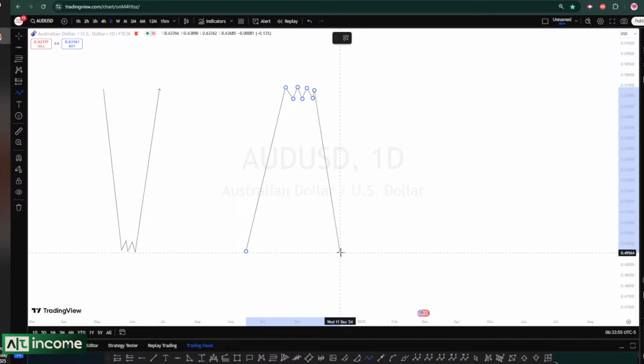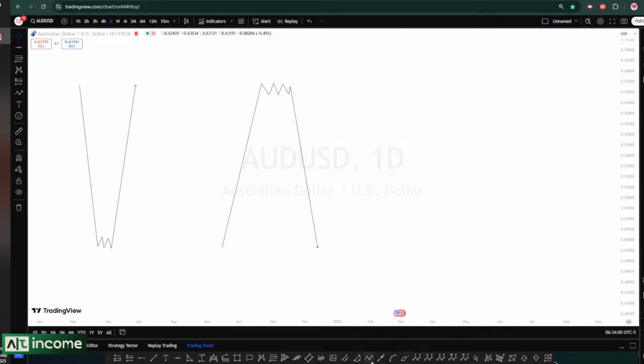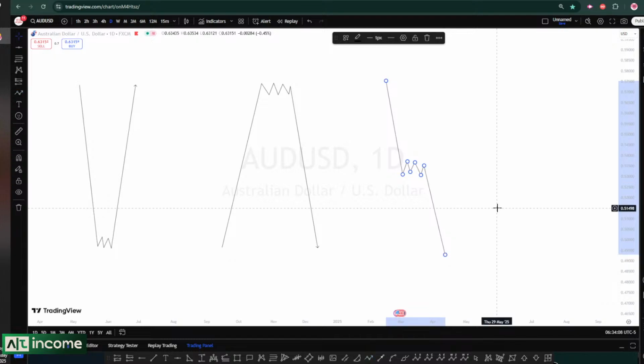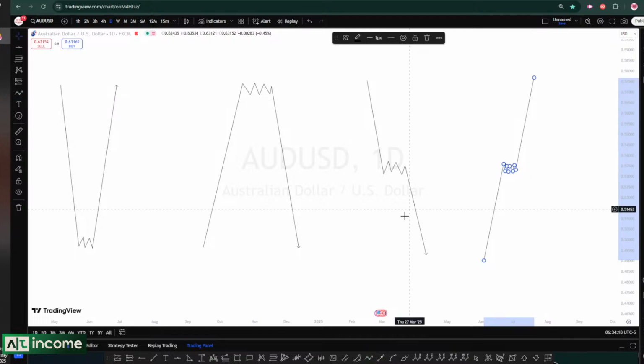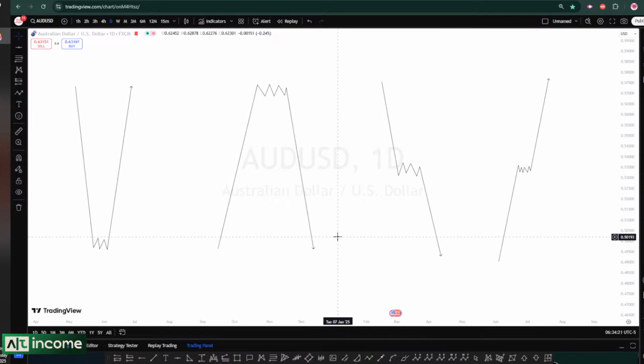That is 2. The third one is drop, base, drop. Then the fourth one is rally, base, rally. These are the 4 possible ways you can see your levels.